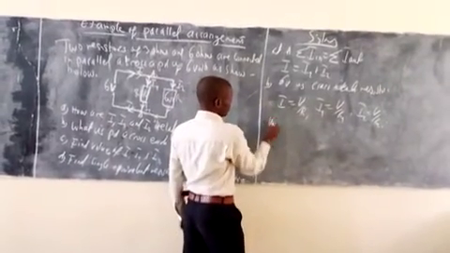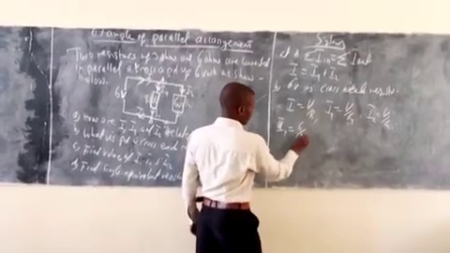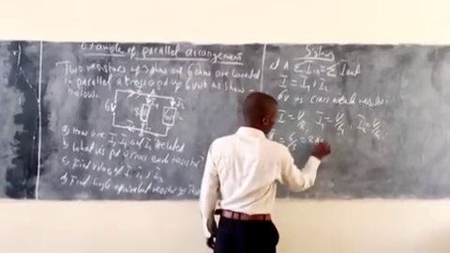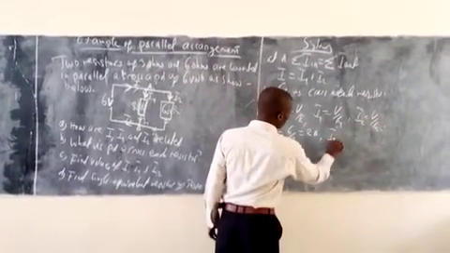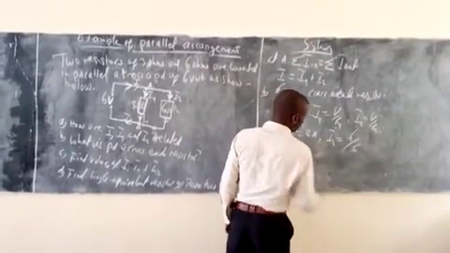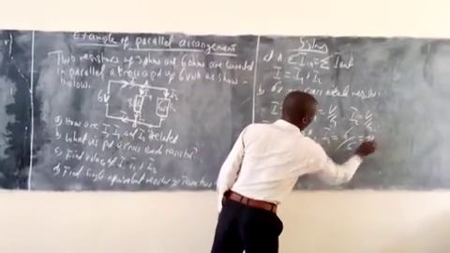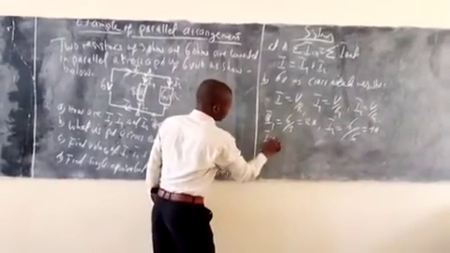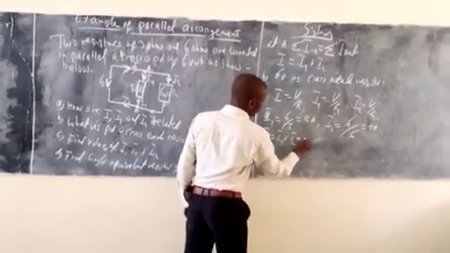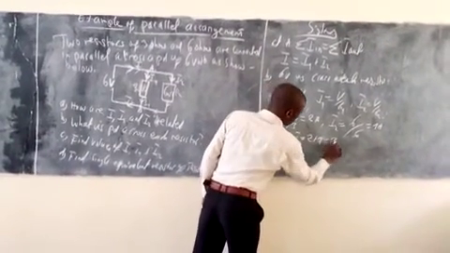It means I1 will be equal to 6 divided by 3, which is 2 amperes, while I2 will be equal to 6 divided by 6, which is 1 ampere. Then I will be equal to I1 plus I2, which is 2 plus 1, which is 3 amperes.